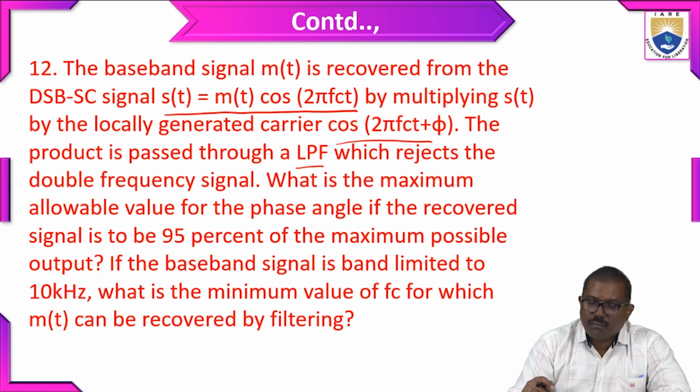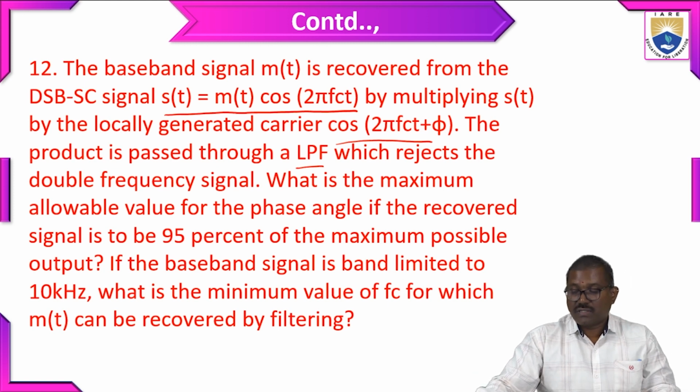What is the maximum allowable value for the phase angle if the recovered signal is to be 95% of the maximum possible output? And if the baseband signal is band limited to 10 kHz, what is the minimum value of Fc for which m(t) can be recovered by filtering?